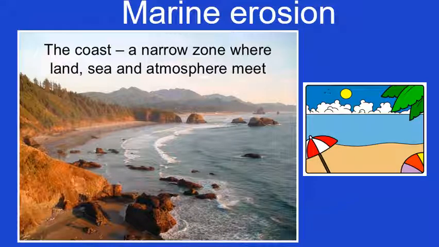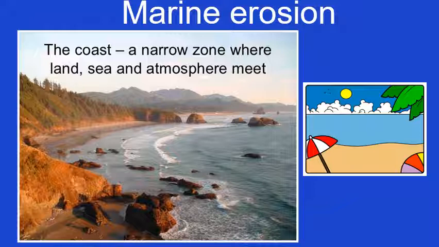In order for us to do this, we are therefore going to be examining changes that take place along the coastline. Now we need to make sure that we understand exactly what this term, the coast or the coastline, is. Very simply, it's the very small or narrow area where the land, the sea, and the atmosphere or the sky meet.